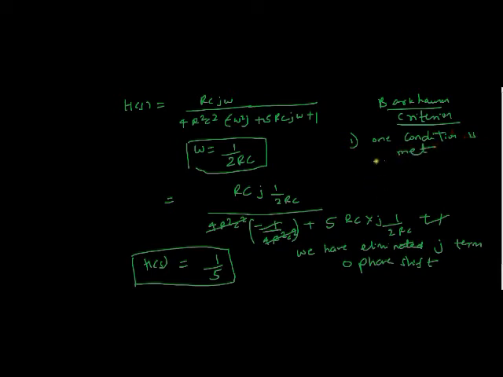So our next condition is A beta should be equal to 1. As you can see, at this frequency, omega equal to 1 by 2RC, beta is 1 by 5.